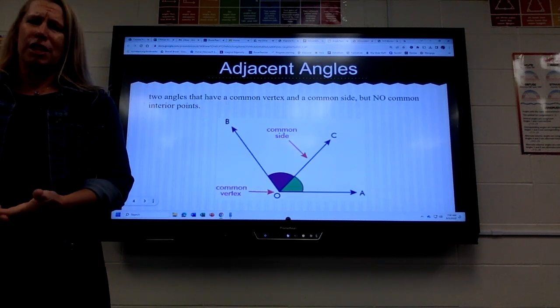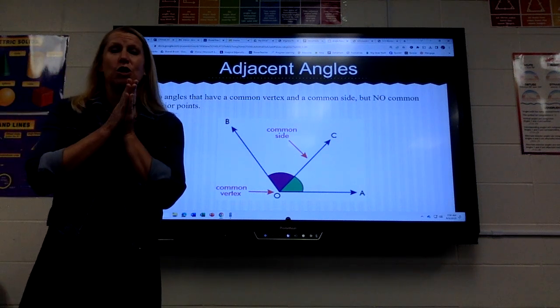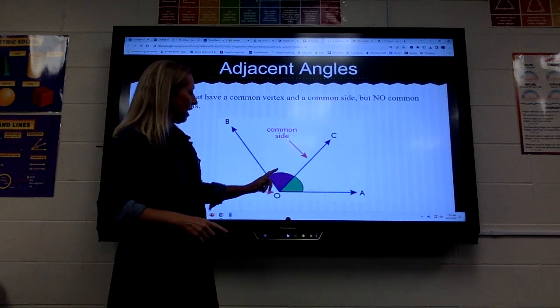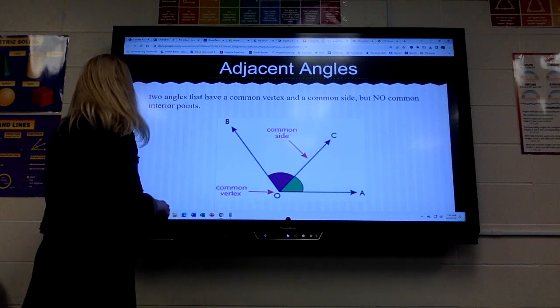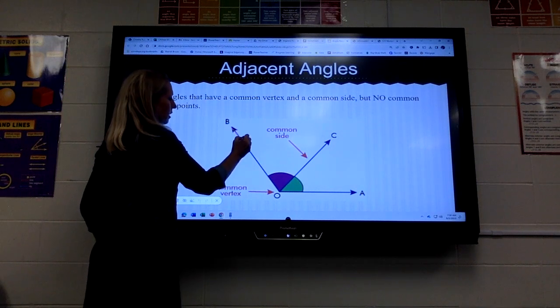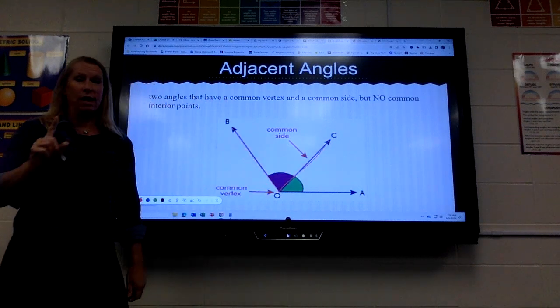Okay, let's talk about adjacent angles. Adjacent angles are two angles that are just smushed up next to each other. So they have a common side and a common vertex. For example, if I look at just this angle right here, that's one of the angles.